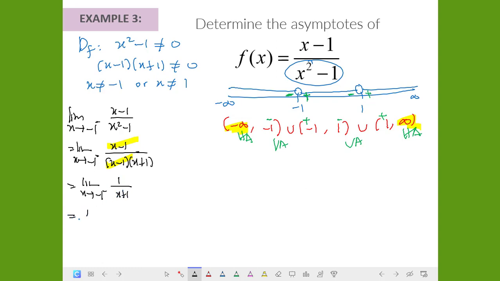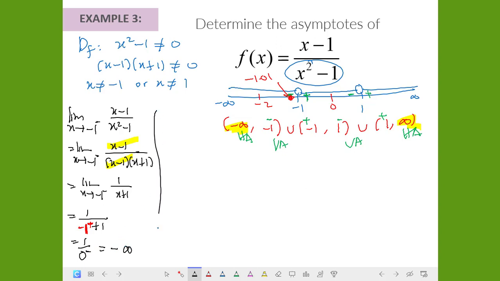Substitute negative 1 from the left, say negative 1.01. Negative 1.01 plus 1 is negative 0.01, so the answer is 1 over 0, just negative. That's why that one is negative infinity.